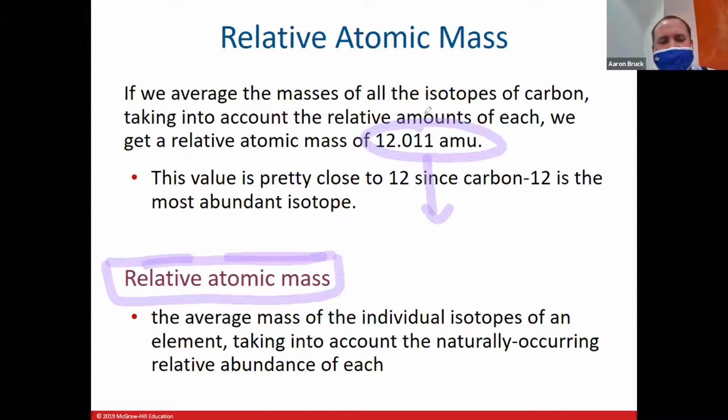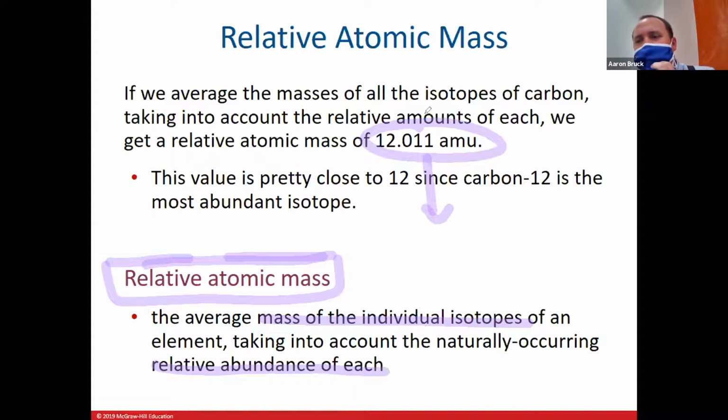Relative atomic masses have to take into consideration two things: the mass of the isotope itself and the relative abundance of that isotope. Not all isotopes are abundant equally. I need to take into consideration both factors: the mass of the isotope itself and how much of it there is.